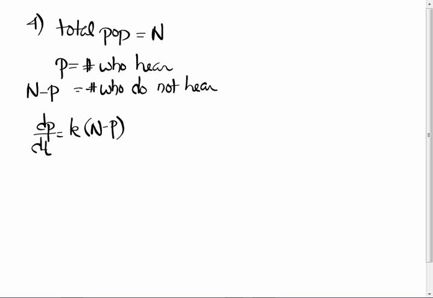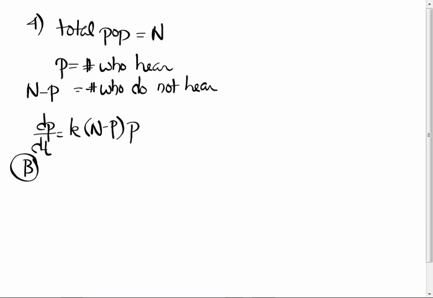B. Oh, excuse me, no, I didn't read it correctly. It's the product of the people who hear and the people who don't hear. So it's this one, which is B. I got the right answer, but for the wrong reason. Okay, so A is not right because they don't have that product.